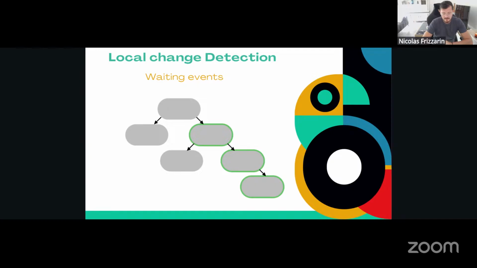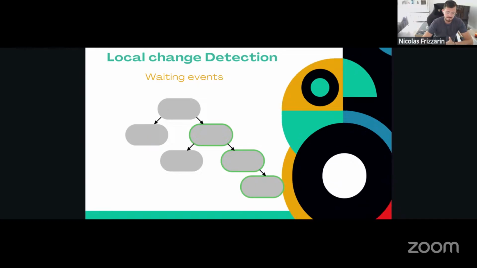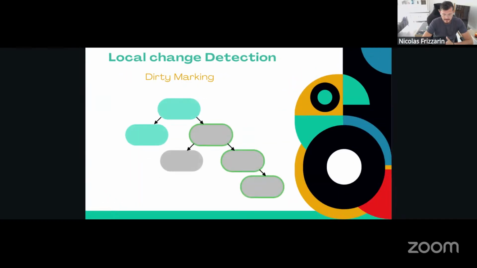Now a user decides to make an action on the first child node on the left, so on this component. Imagine the user clicks on this component. What will happen to the process of dirty marking? Because the component is still in default change detection mode, it will be marked as dirty like its parents, so this one and this one.